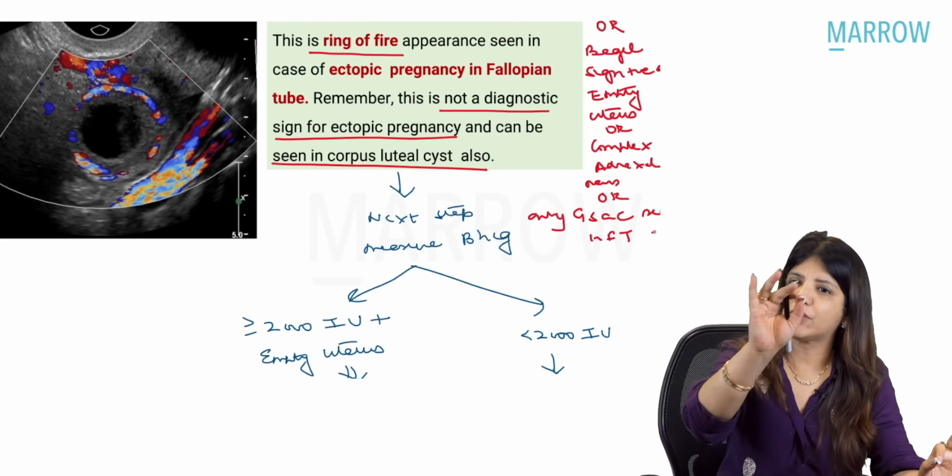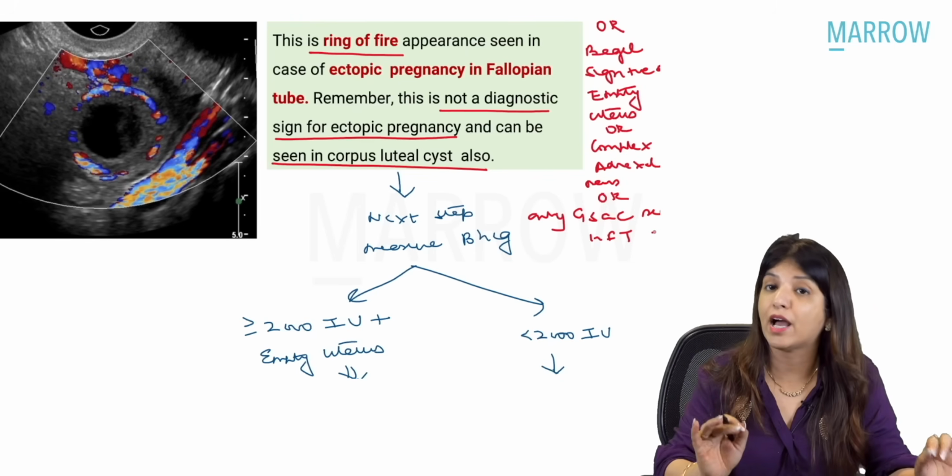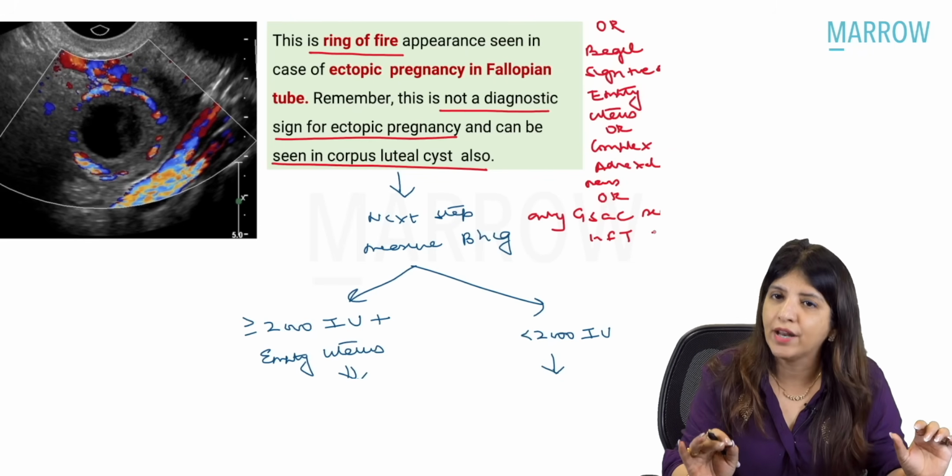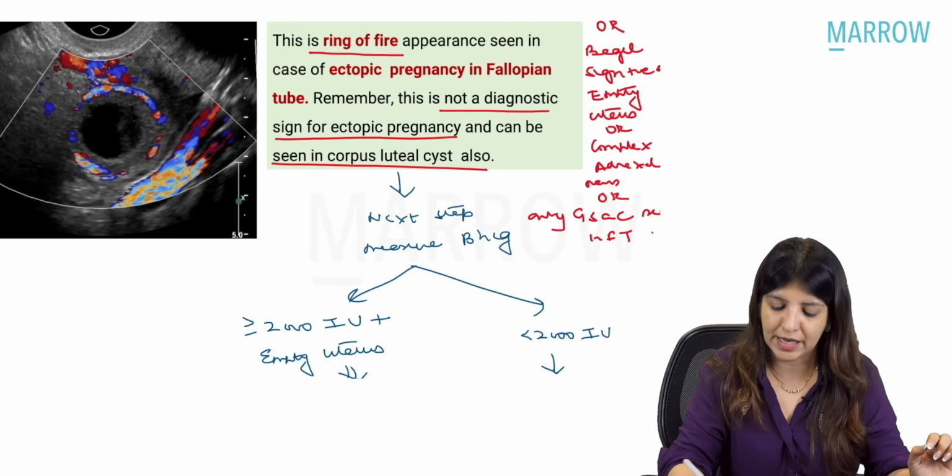Whenever your question is giving you any of these findings and they ask you what is the next step, your next step is measurement of beta HCG.